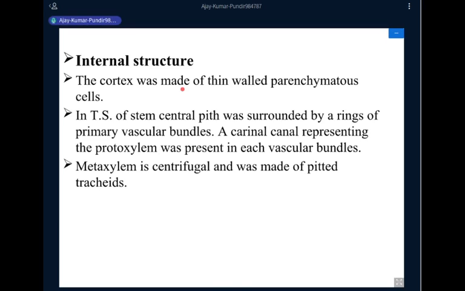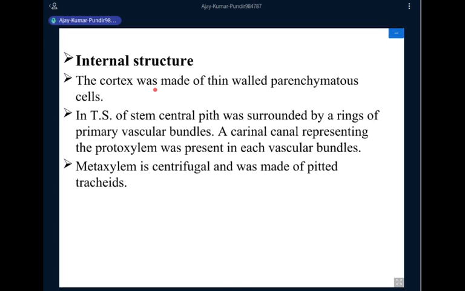In the TS of the stem, the outermost layer is the epidermis, a single protective layer, and just below the epidermis a large region is present in the form of cortex.